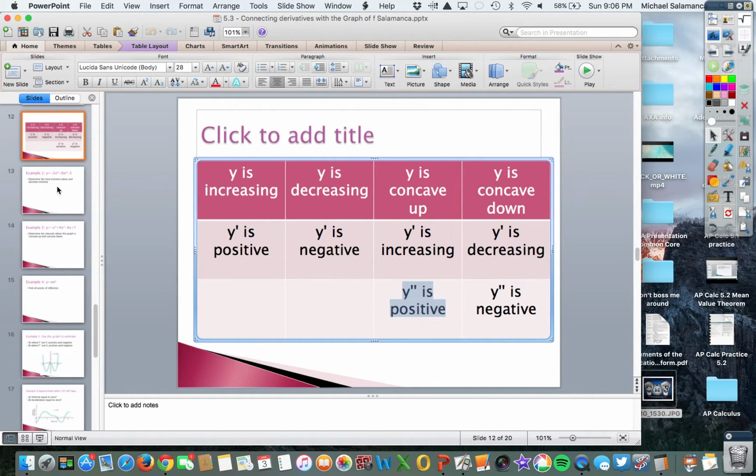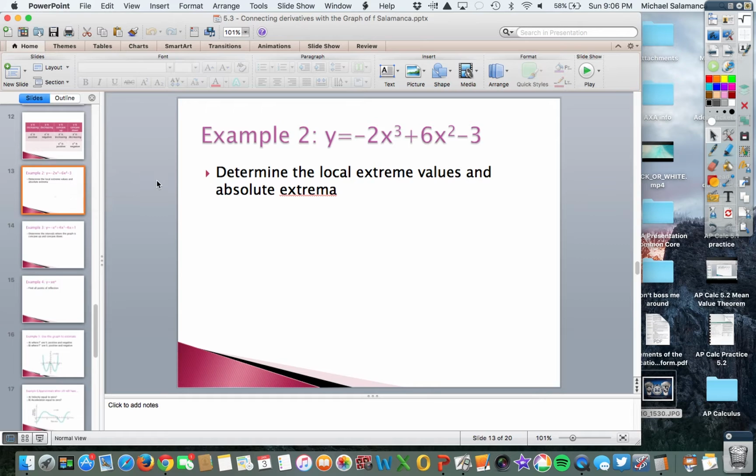So I know that table doesn't exactly make sense, but we're going to have some problems to look at right now. So y equals negative 2x cubed plus 6x squared minus 3. If you notice, this is the same exact question I gave you for one of our earlier examples. Now again, in this case, all we needed to do was find the local extreme values and absolute extrema.